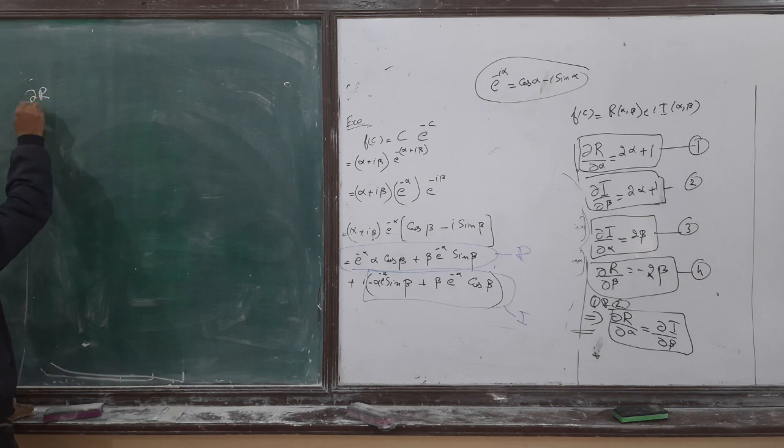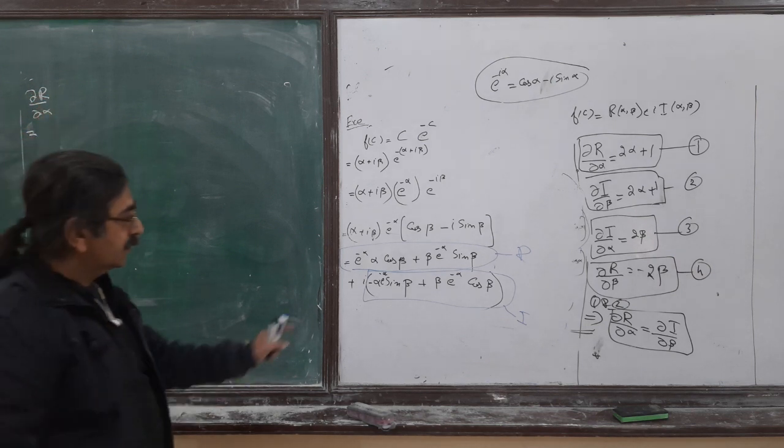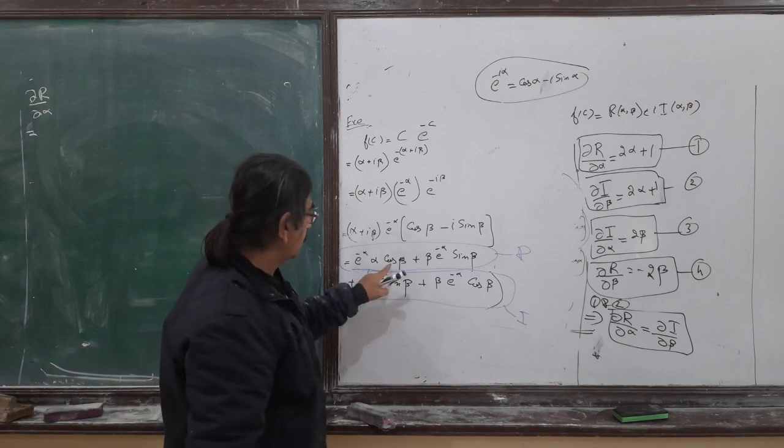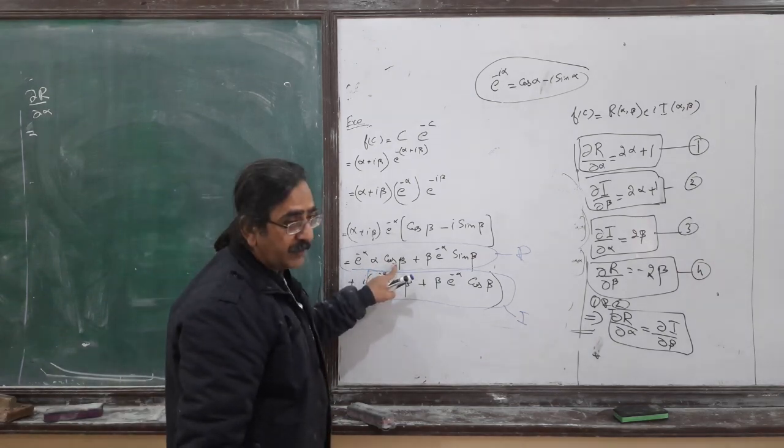Partial R over partial alpha. What is this? This is the real term. The product formula will be applied.